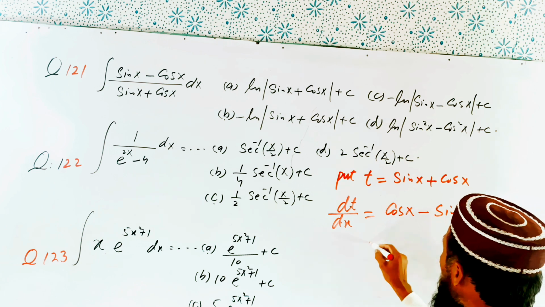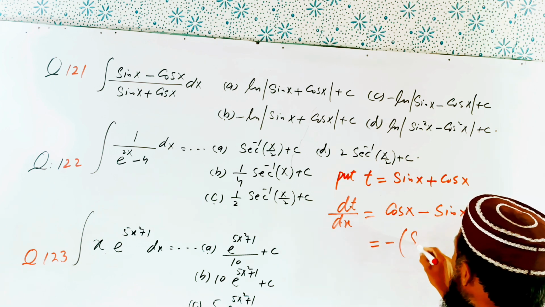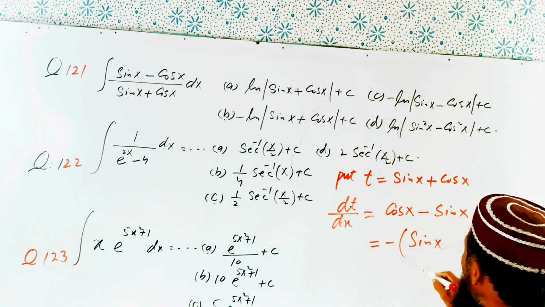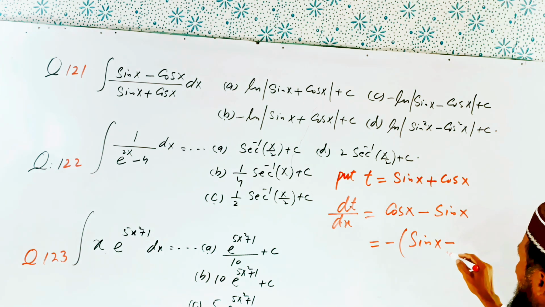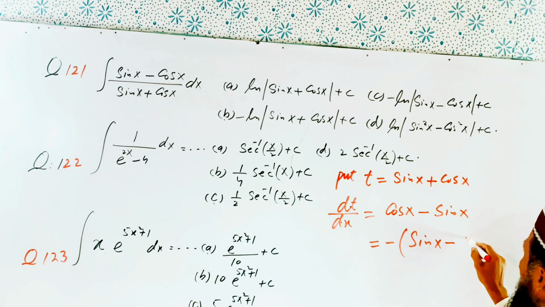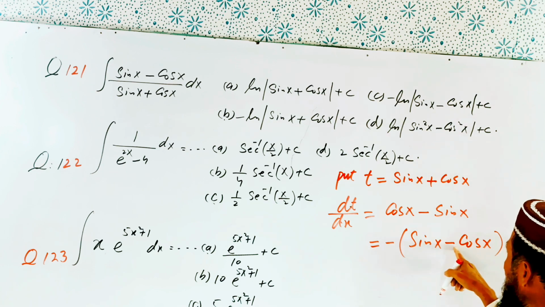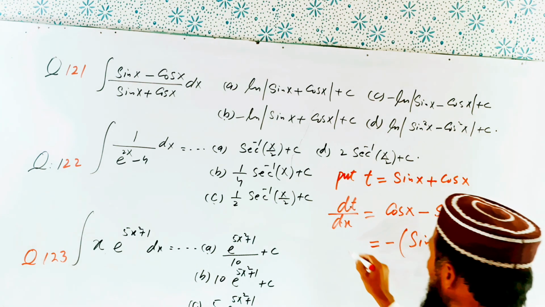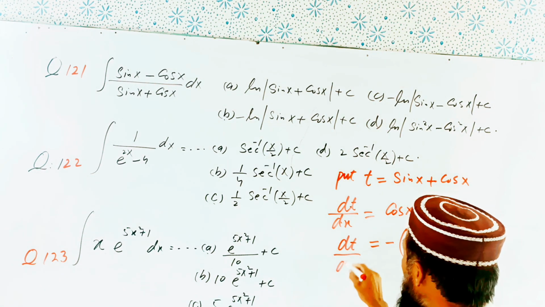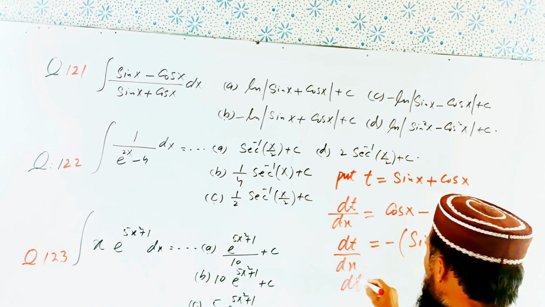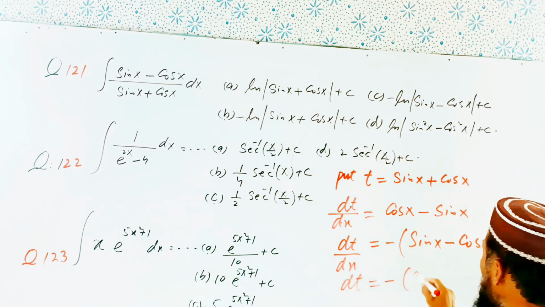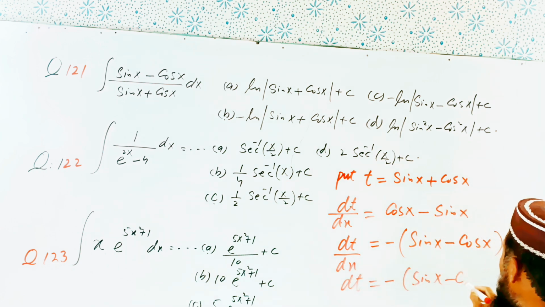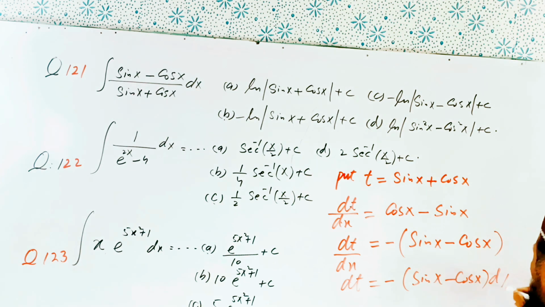If we take minus common, we get in the denominator term plus, and here minus, minus cos x, because minus into minus is plus, so dt by dx. So we can write dt is equal to minus sin x minus cos x dx.